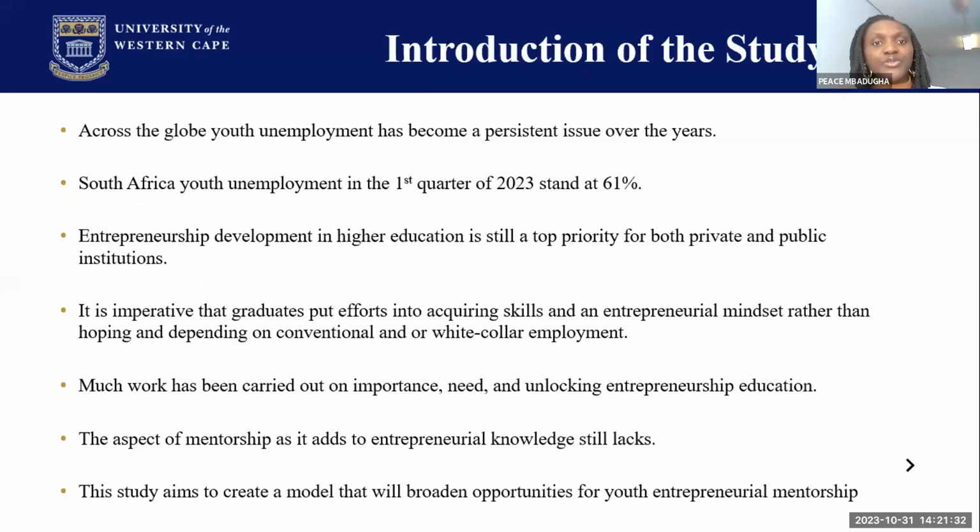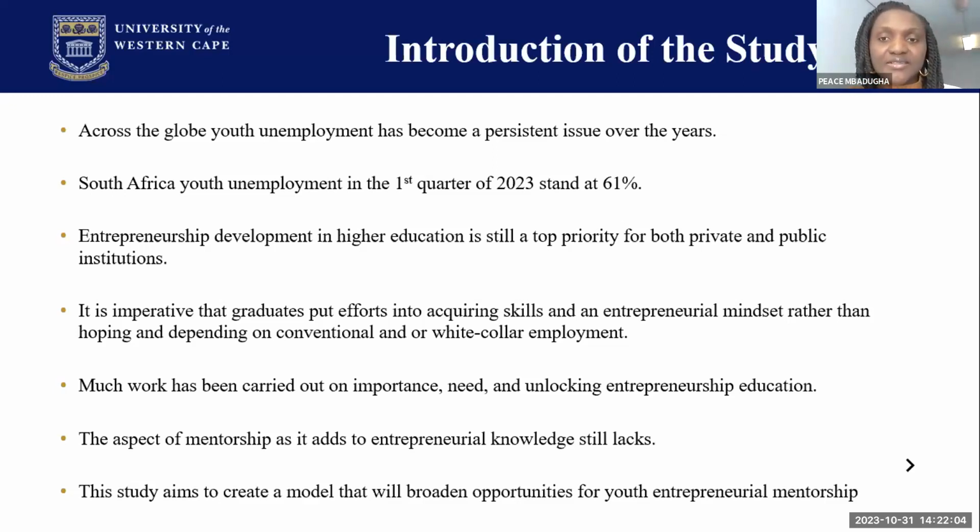So across the globe, youth unemployment has become a persistent issue. It is a general phenomenon. South Africa's youth unemployment in the first quarter of 2023 stood at 61%, and this is a very serious issue if nothing is done about it, given that South Africa already has a handful of other things bothering it, which contribute to crime and every other thing.